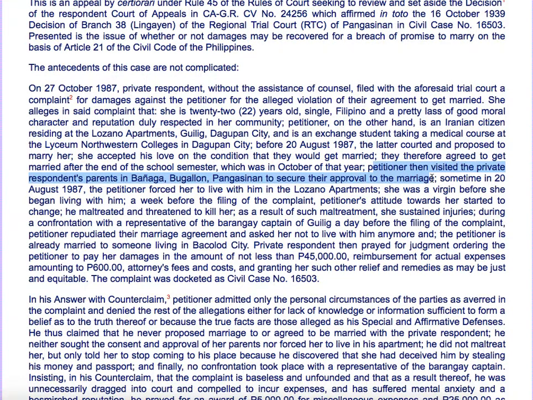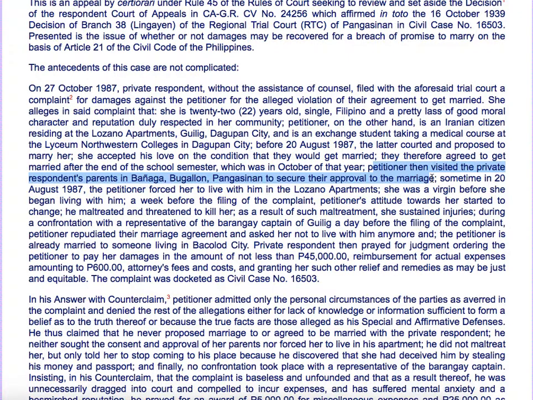So, this is a story. Huwag niyong isipin na it's overwhelming, it's a Supreme Court case. Hindi ganun. Imagine it as it happens in real life. Nangyari to, totoong tao tong mga to, class. Probably buhay pa tong mga to. Okay? Merong magnobyo, 22 years old, and the other person, Iranian citizen, transferee or exchange student.